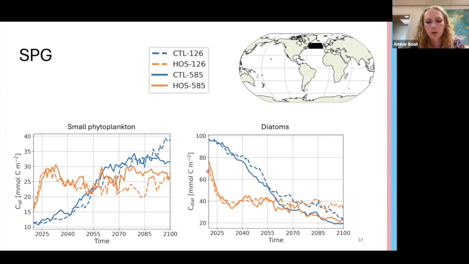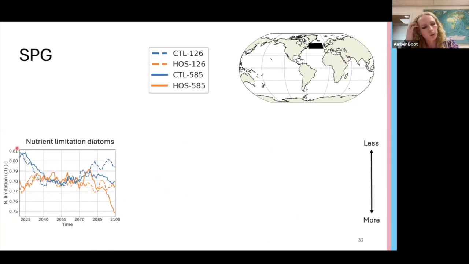Now, if you look at the heating simulations, the initial decrease in diatoms, which also starts around here, is much sharper and then levels off. The small phytoplankton see a sharp increase and then level off. This initial decrease in diatoms is again related to changes in nutrient limitation.